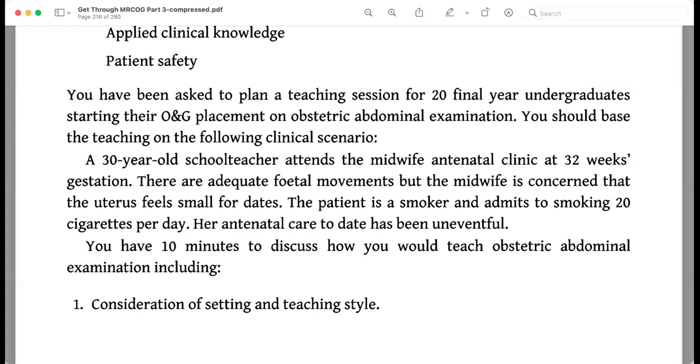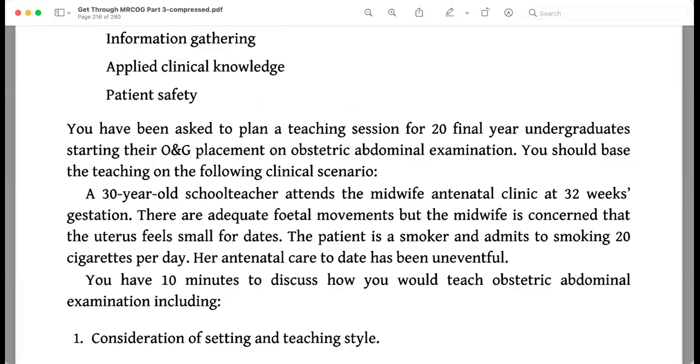After I've demonstrated, I will invite the students to try on this puppet so that everyone will have a feel of how to find the body landmarks, and they can measure for 32 weeks how many centimeters, and whether there is any discrepancy.